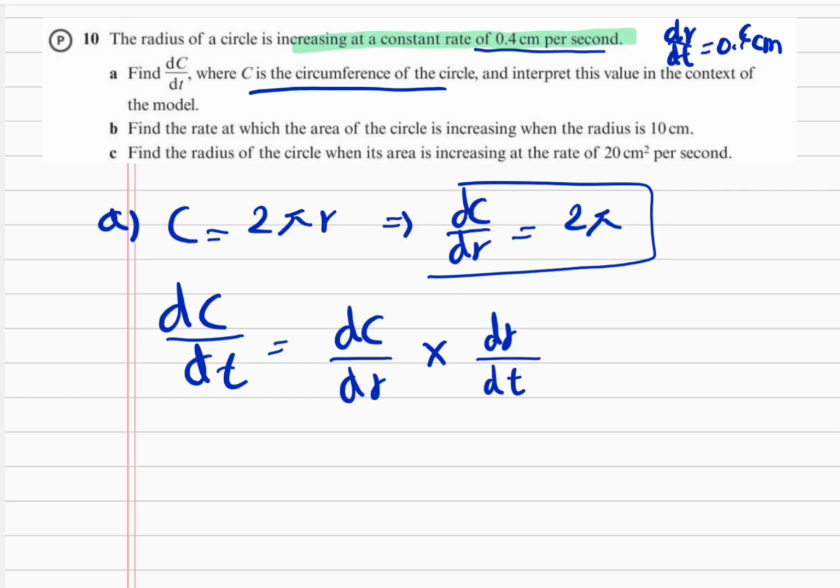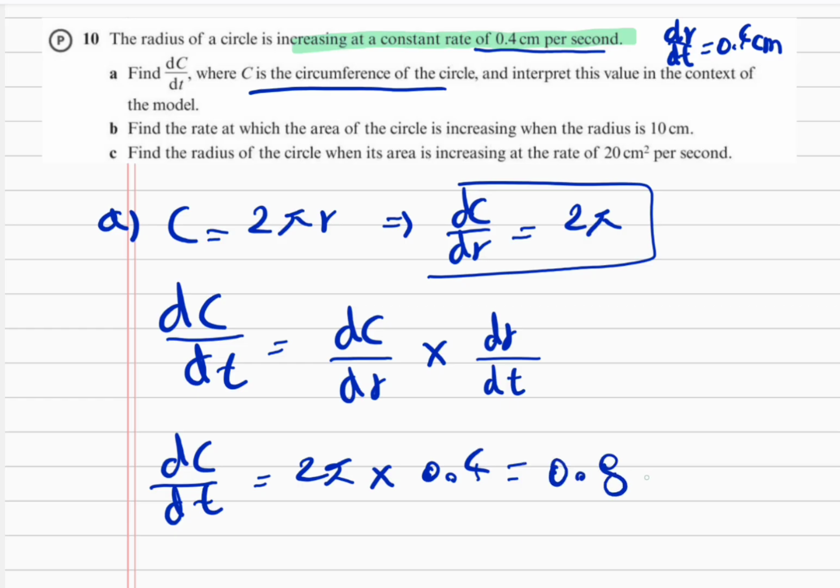Now that we have everything, we can easily find dC/dt. So dC/dt is equal to 2π times dr/dt, which is 0.4, and finally we get 0.8π centimeters per second.